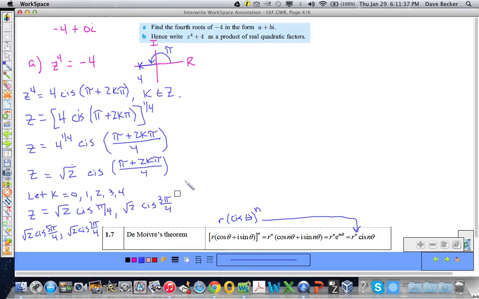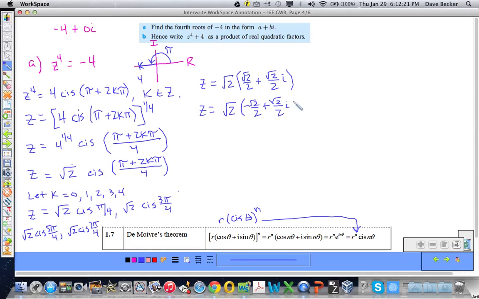And so then you need to know your cosine and your sine. Your pi's over 4 are some combination of plus or minus root 2 over 2 for both cosine and sine. So we would get z equal to root 2 times root 2 over 2 plus root 2 over 2 i, for pi over 4. For 3 pi over 4, z could also equal root 2 times negative root 2 over 2 plus root 2 over 2 i.